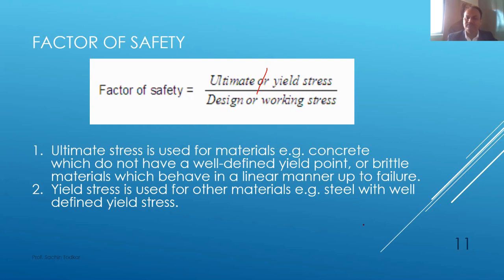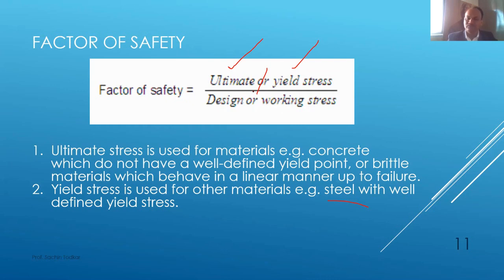And in case of steel, or ductile material, we take yield stress, because afterwards the yielding starts. After that particular point, yielding starts. There will be no significant rupture at that point, but there will be yielding. Yielding is nothing but increment in length. So we have to prevent ultimate fracture as well as yielding also. So for that purpose, we use factor of safety.